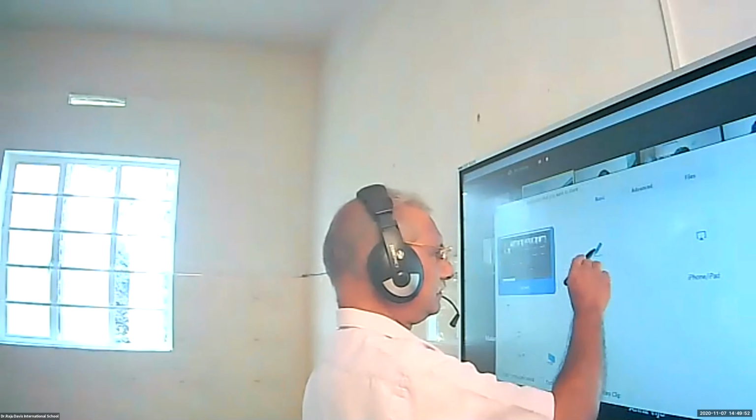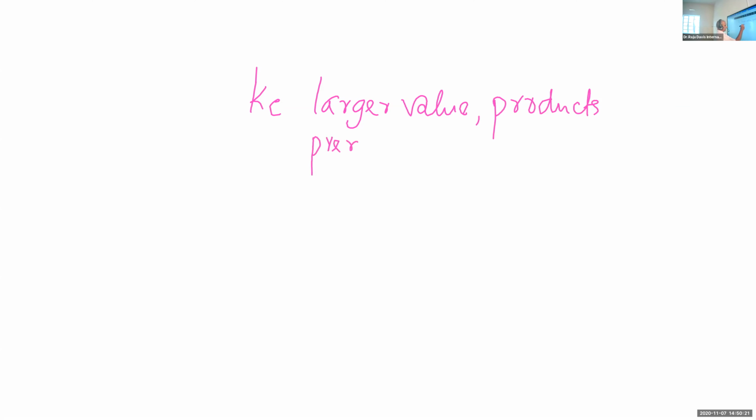For example, if Kc is a larger value, then the forward reaction will be taking place to a greater extent, and therefore the products predominate.